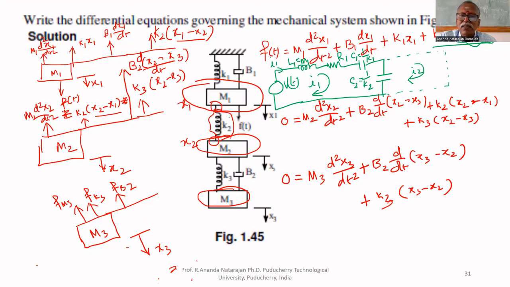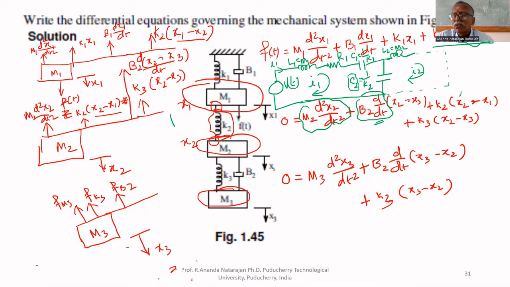In the second equation, M2, L2 equal to M2. B2, that is R2. For X2 minus X3, we'll write later. K2 multiplied by X2 minus X1. Already we have drawn that C2. Instead of K2, we have C2 equal to 1 by K2.